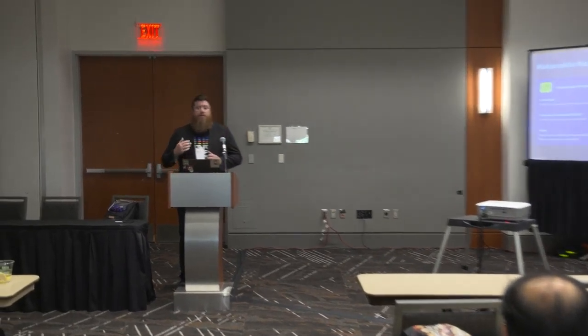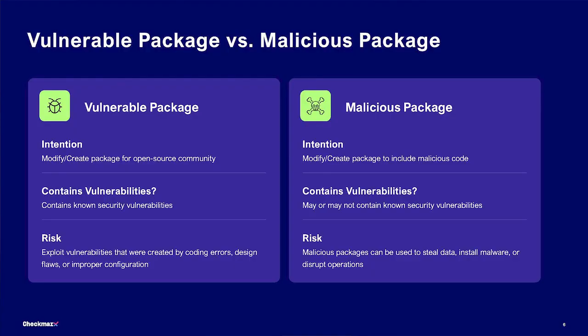So it had a common vulnerability enumeration tagged onto it, considered vulnerable, and now contains a vulnerability, and you have to decide whether you're going to move up a version, move down a version, or else choose a completely different package. When we're talking about malicious packages, it's either a package that existed that an attacker took over, or an attacker created a completely new package with malicious intent to steal data, install malware, or disrupt operations. So the difference is, the malicious packages with supply chain were created for that sole purpose.